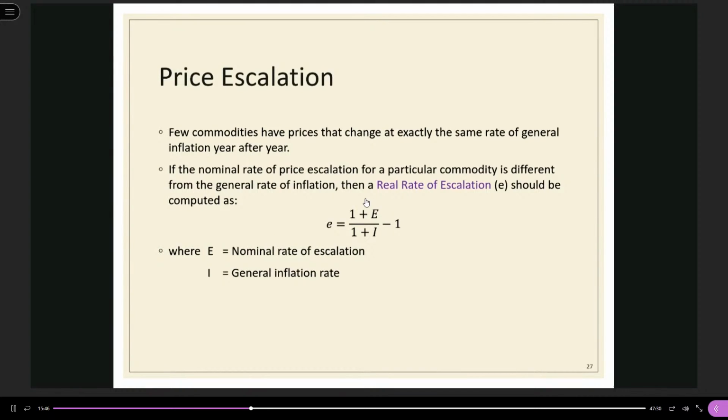So this rate of escalation is the price increase of a particular system. Maybe you are buying a lamp. Oh, maybe not a lamp. Maybe the labor cost. The labor cost is getting higher than the inflation. Then you need to calculate the price escalation.